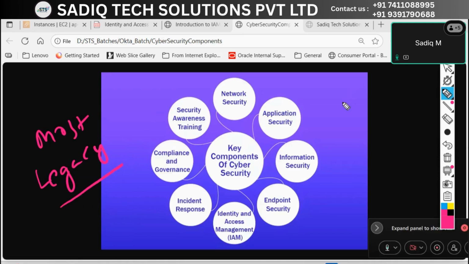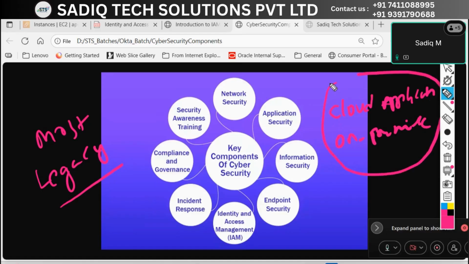The major challenge while designing comes when there are cloud-based applications and, at the same time, on-premises applications. When implementing an IAM solution for these two kinds of applications, it is a real challenge for the architect. He has to design an IAM solution in such a way that the cloud applications work, and the on-premises applications also work without any hassles.